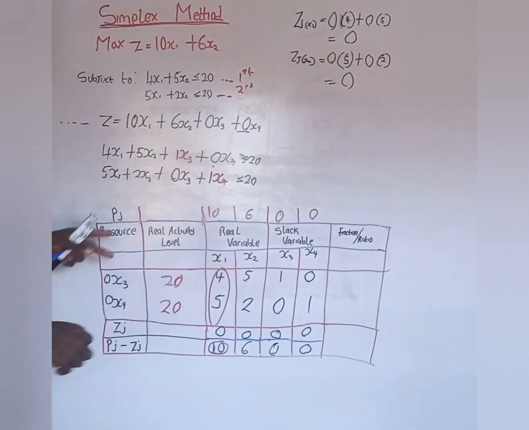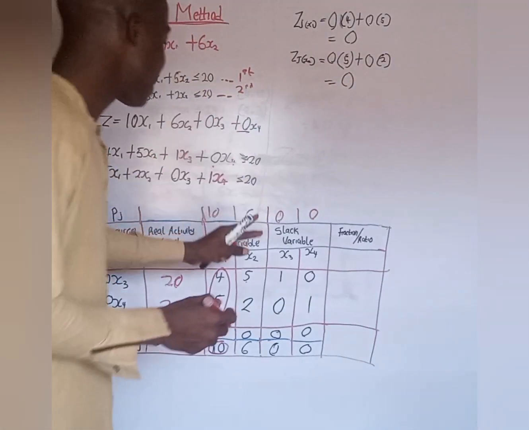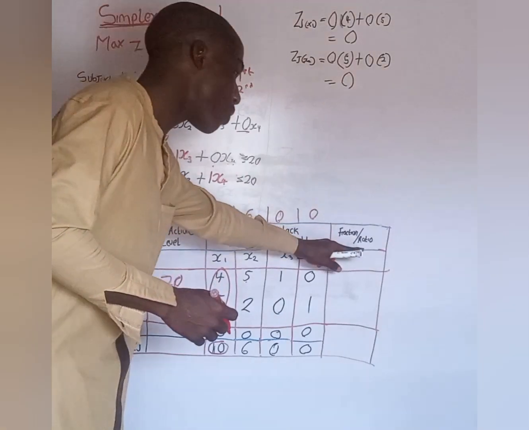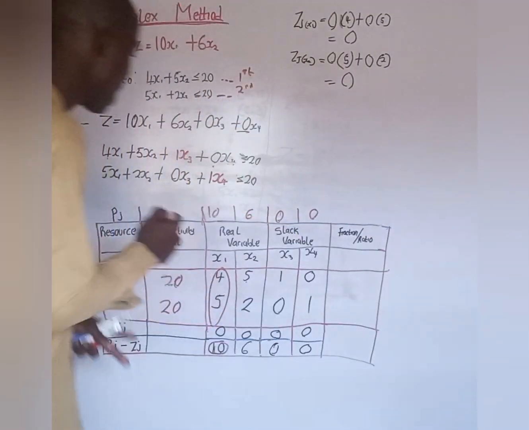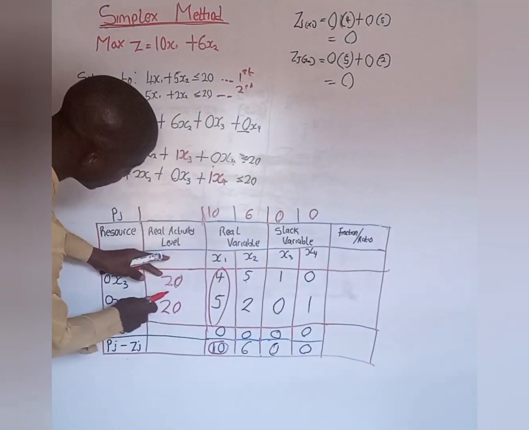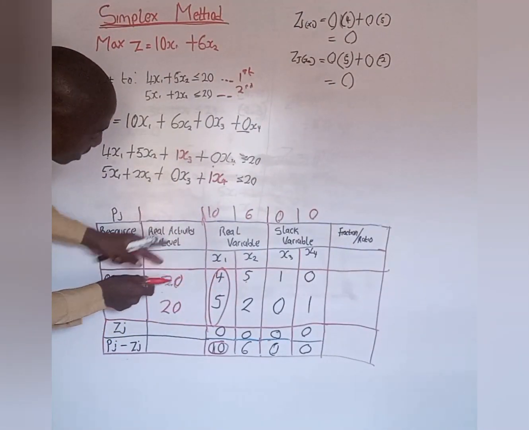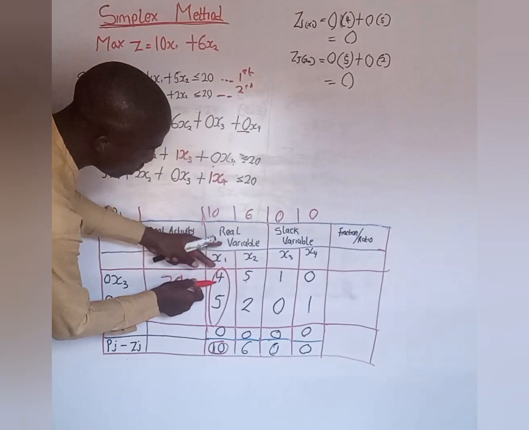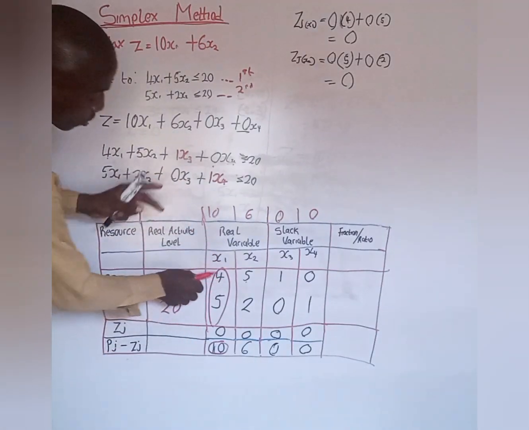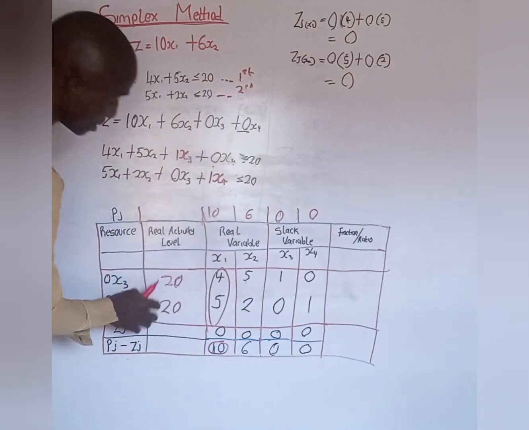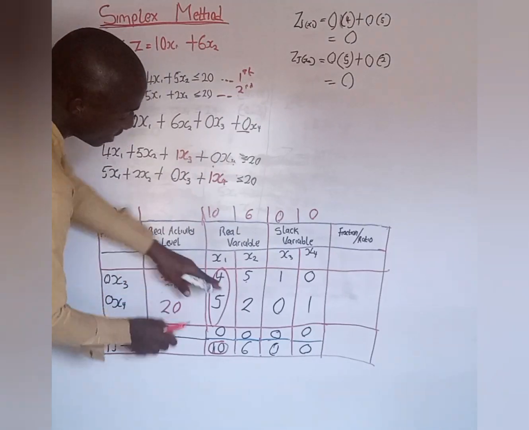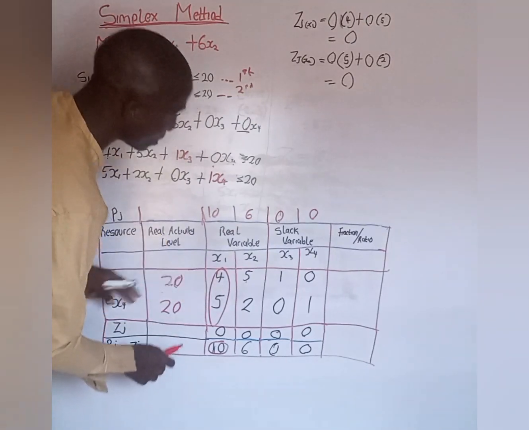If you want to proceed, before getting our key row, we have to get our fraction. How do we get our fraction? The fraction will be this 20 divided by this 4. The reactivity level divided by the corresponding key column element. If you look at this, we have 20 here. We are going to be using 4 to divide this 20 to get our fraction.